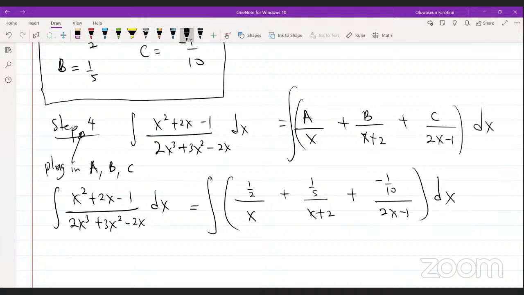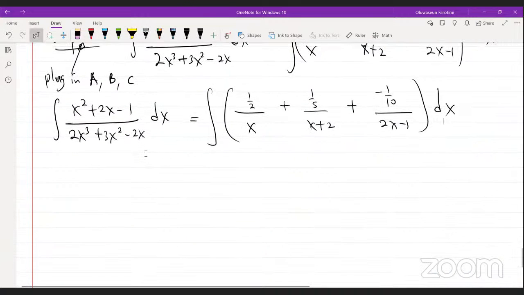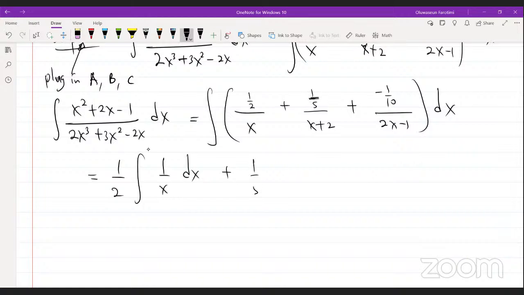All right. So now you can see how partial fractions helps us to leave the idea of a huge complication to a very simple thing. So if you want to integrate this guy, you factor this, right? Then this is a 1/2 integral 1/x, plus 1/5 integral 1/(x + 2) dx, -1/10 integral 1/(2x - 1) dx.